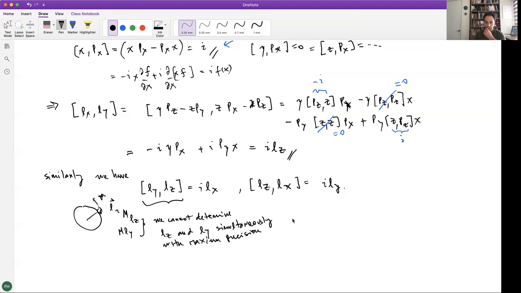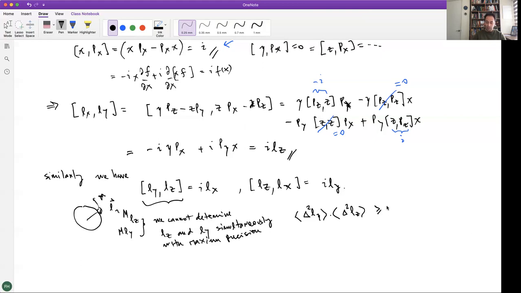Then you will work this out in an assignment, okay? But basically, if you write down the variance of LY and multiply this by the variance of LZ in any measurement you make about this rotating body, then this cannot be 0.